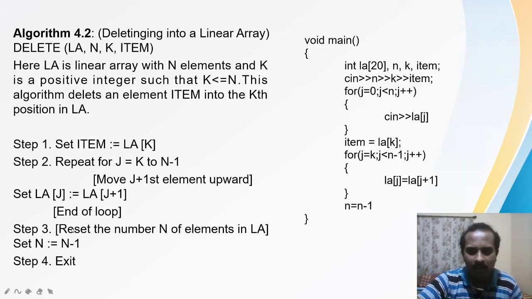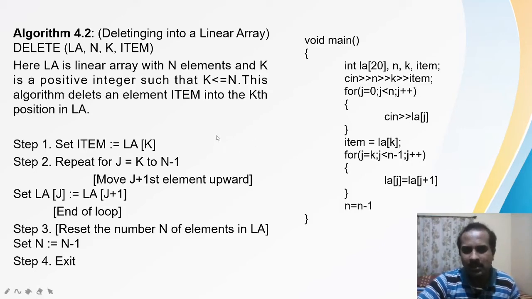After that is the end of the loop. So I have to reset n. In the previous insertion I did n is equal to n plus 1, but since I am deleting an element, that means the number of elements becomes lesser. So n is equal to n minus 1.